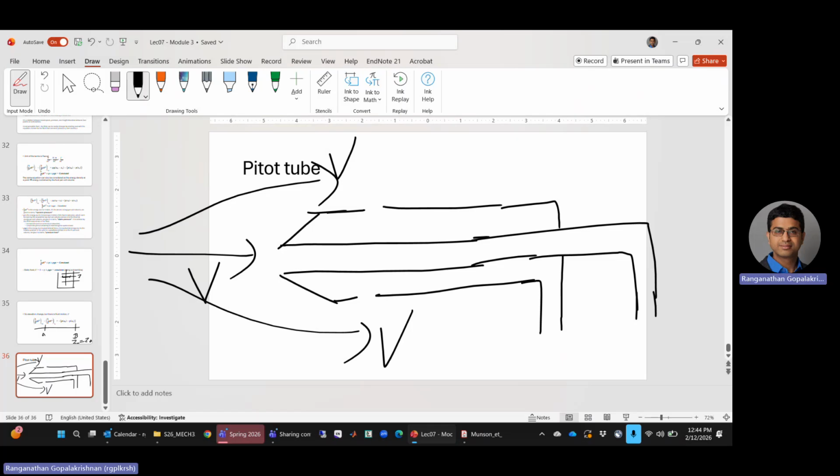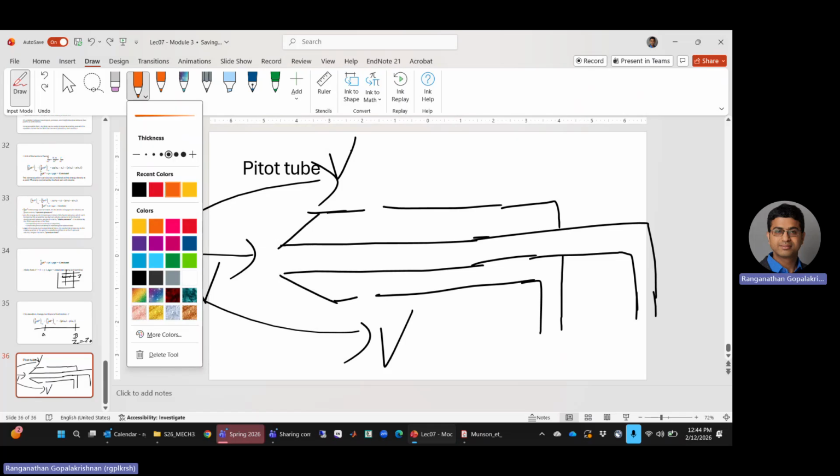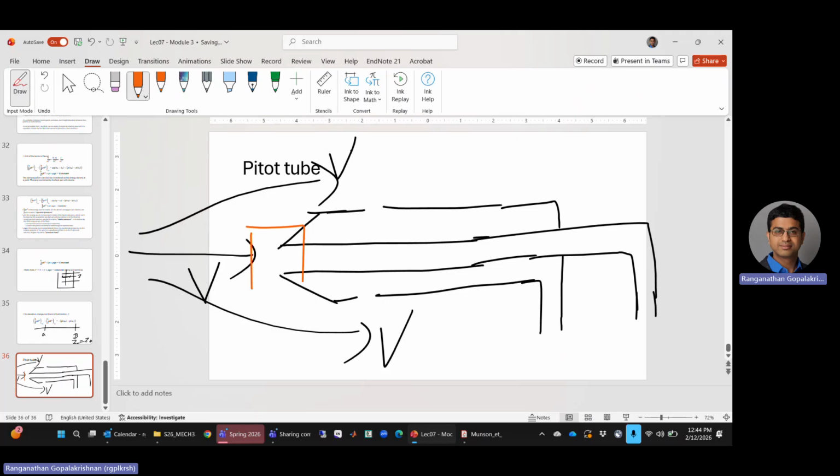Take the fluid molecules, if I take a little volume here. When I say the fluid in this little volume is moving with a velocity V, what is the implication? It means all the molecules are moving with V, but they also have their little random velocity due to molecular motion.